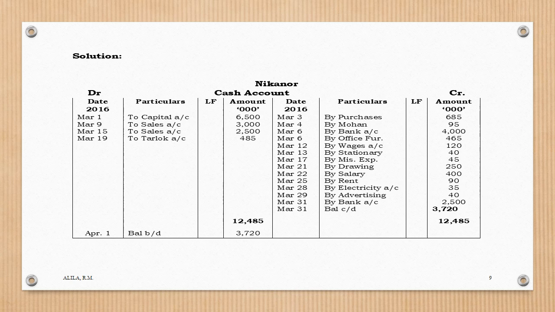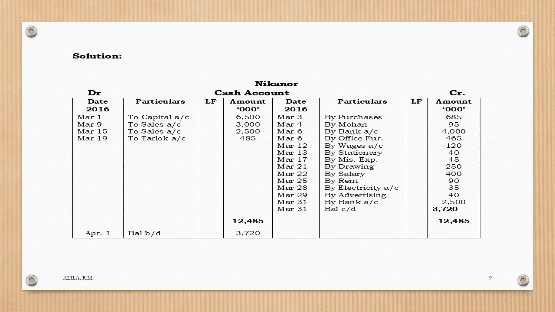On March 4, we paid 95,000. On March 6, we paid to the bank 4 million, and bought office furniture the same date, 465,000. On 9th March, we make cash sales of 3 million, so we debit this cash account.